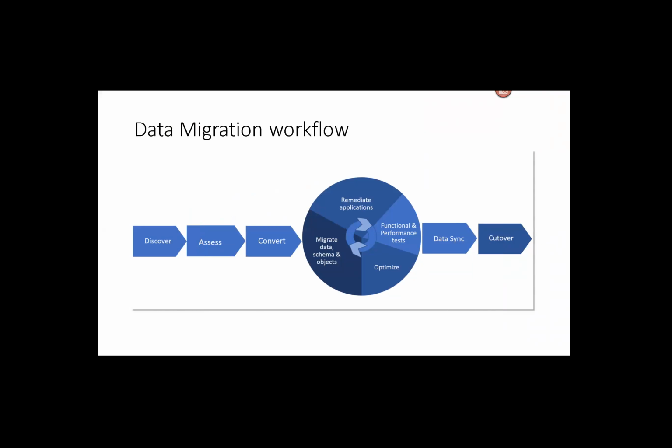For example, cross database transactions, can you convert them into external tables? If there are SQL agent jobs, can you convert them into Elastic jobs, and so on? So you will identify and start converting the schema, or if there are some data types which are not supported, you will fix them and map them to the data types which are supported in the Azure service.